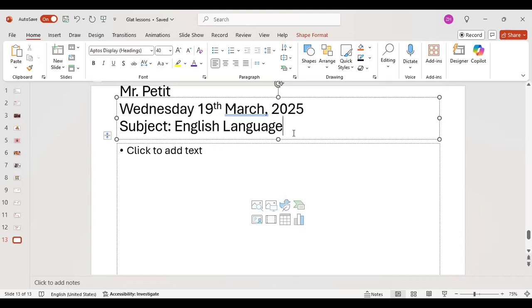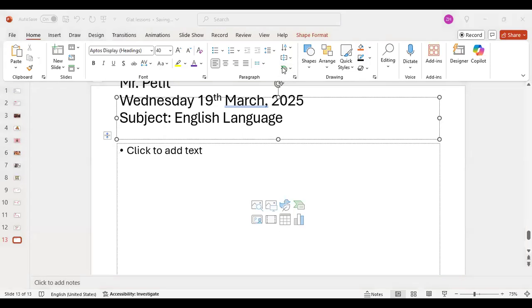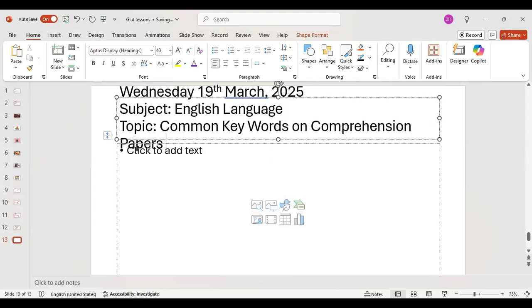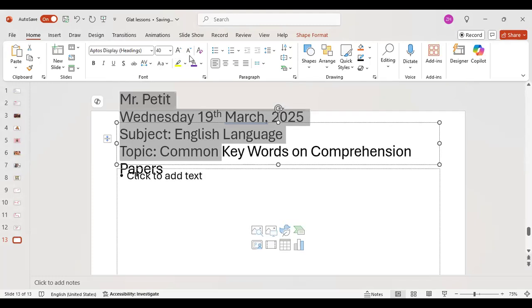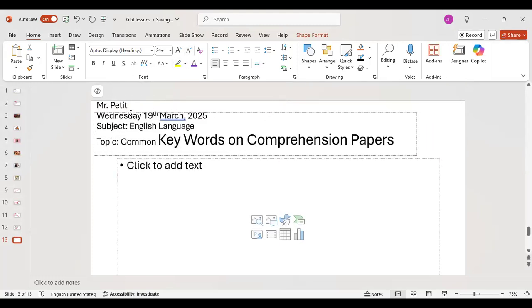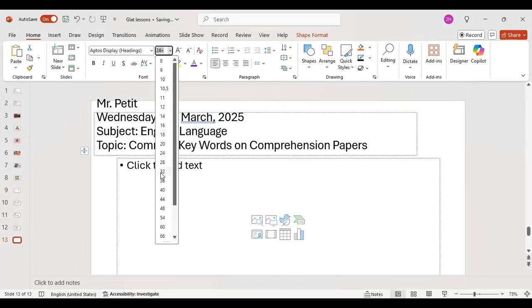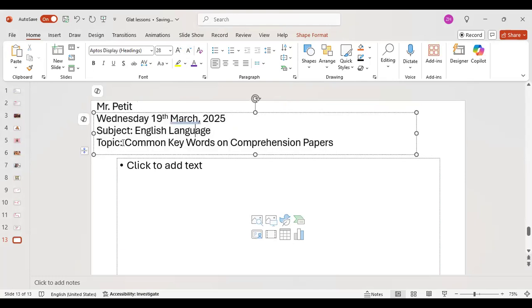The topic is common keywords on comprehension papers.